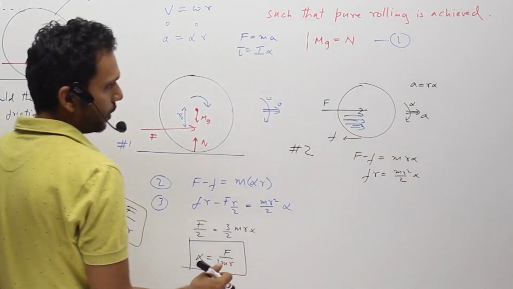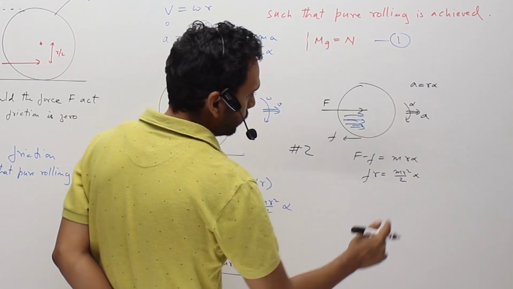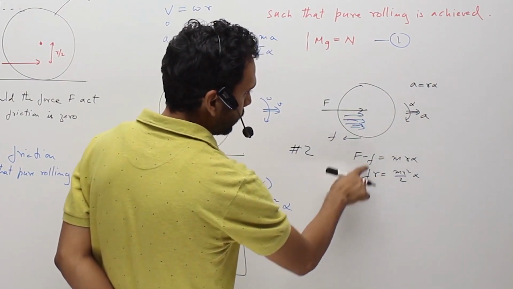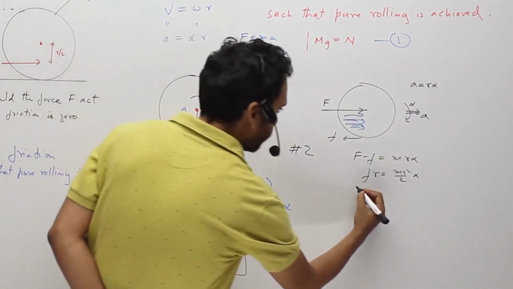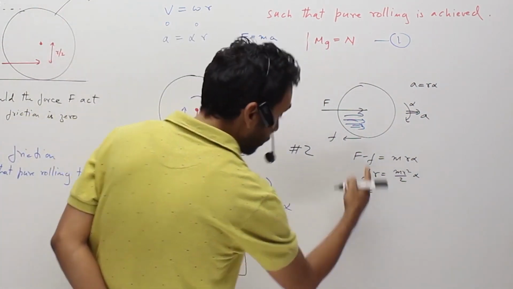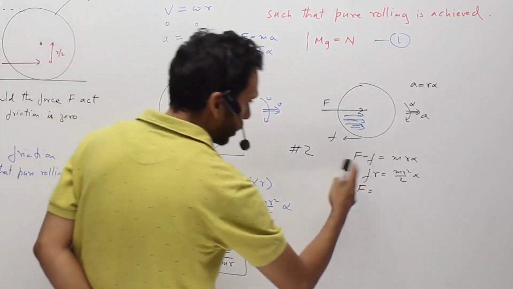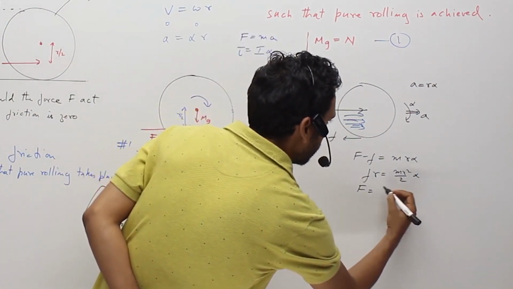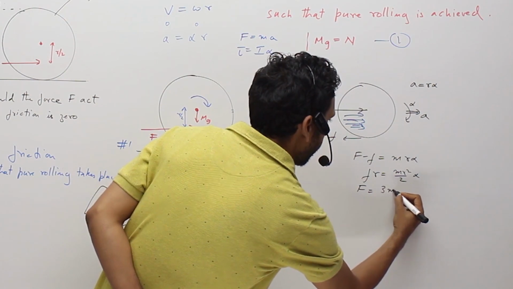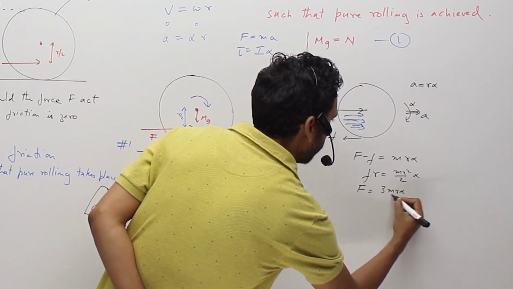I can eliminate friction by adding these two. So capital F is equal to 3 MR alpha by 2.